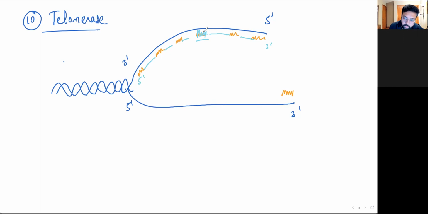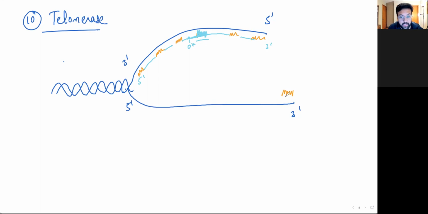So once you remove this, you should have again a 3' end here. I don't know if you guys are understanding this or not. We removed this primer, and if you want to add one more nucleotide here, this is already a hydroxyl group. So we have a hydroxyl group, so you can add more DNA here, right?